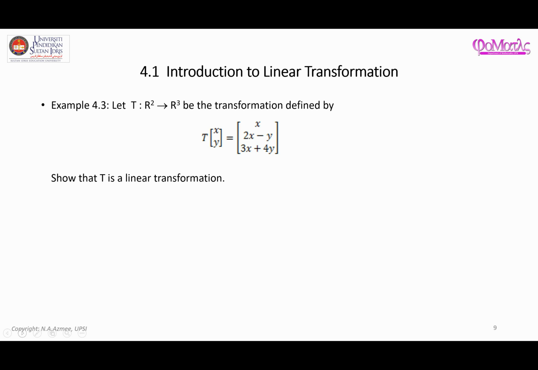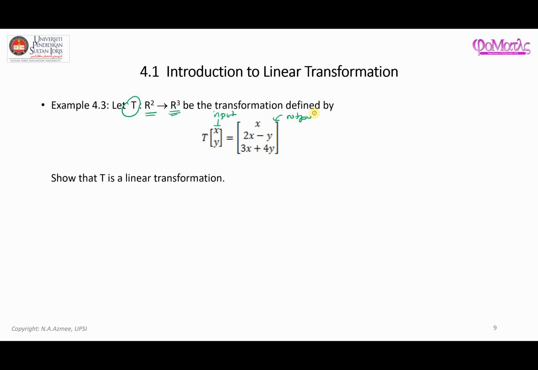Right, for this one here, you can see that right now we have a transformation function T, and it transforms something from a vector space with 2 dimensions to 3 dimensions. So you can see here the input is 2 dimensional, but then the result here is 3 dimensional.